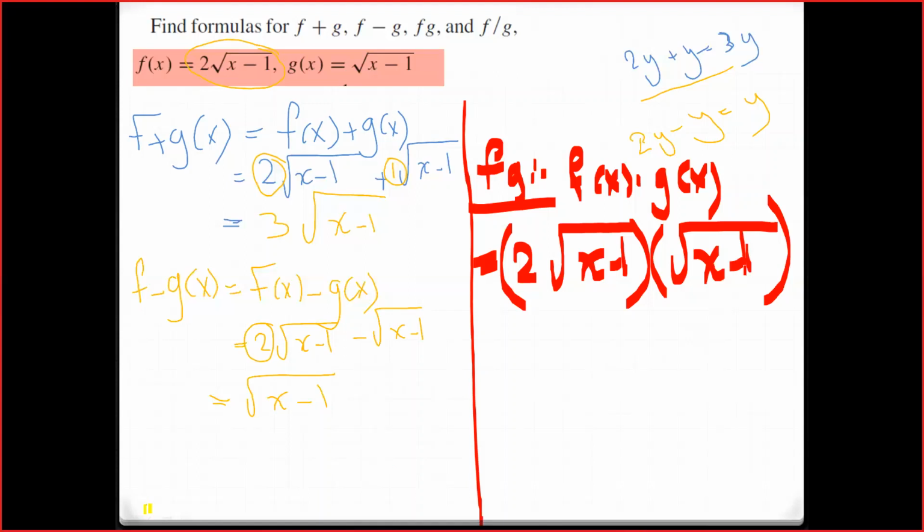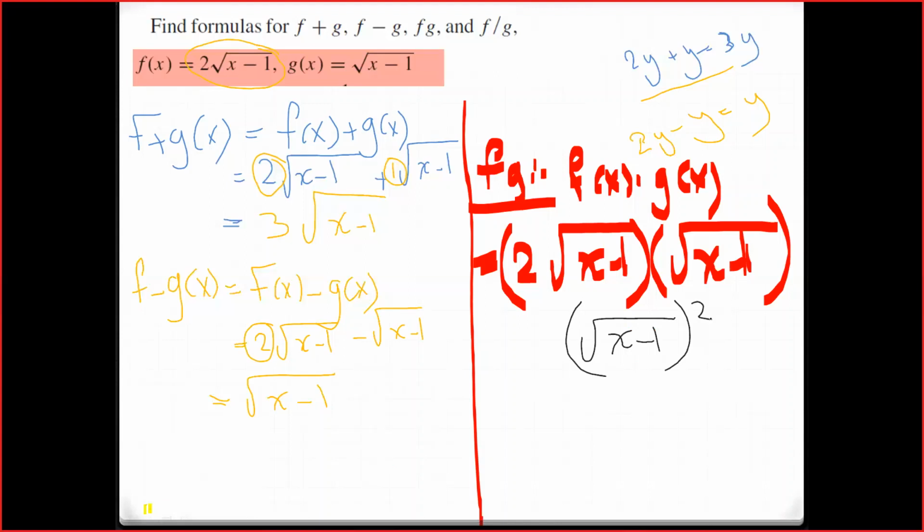Now, square root of x minus 1 multiplied by square root of x minus 1 will be what? It will be square root of x minus 1 squared.